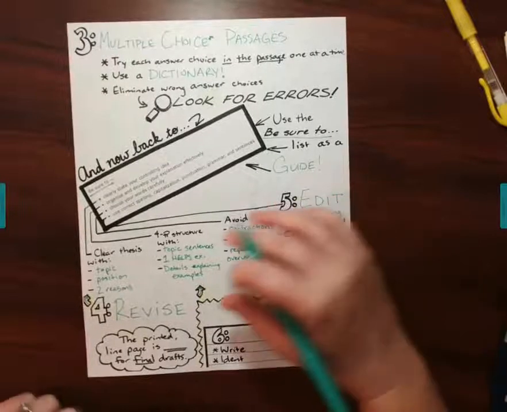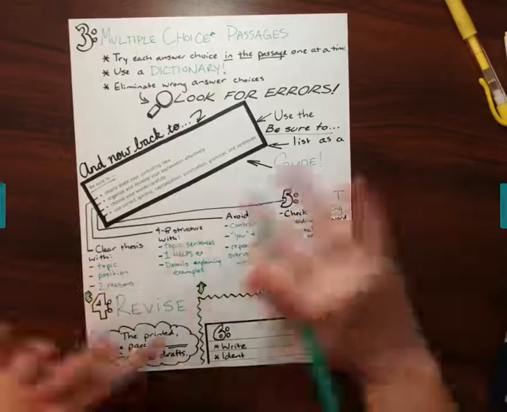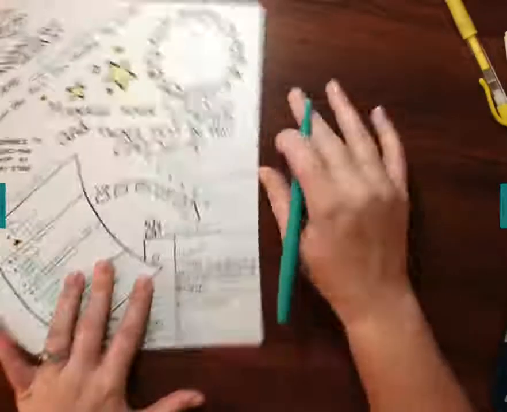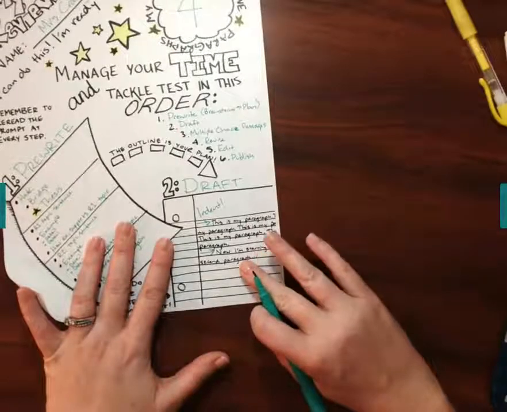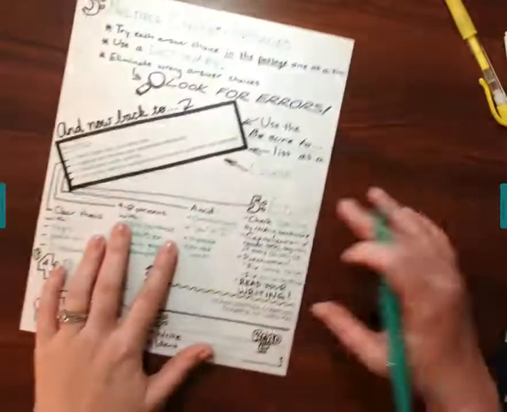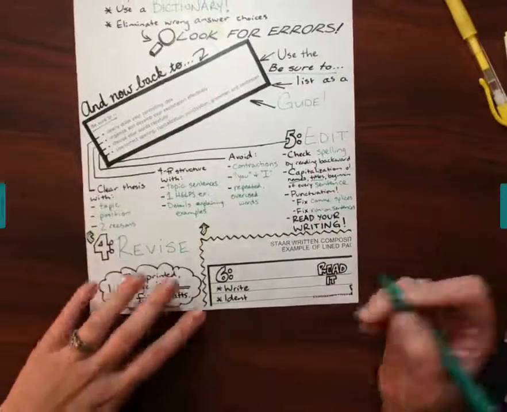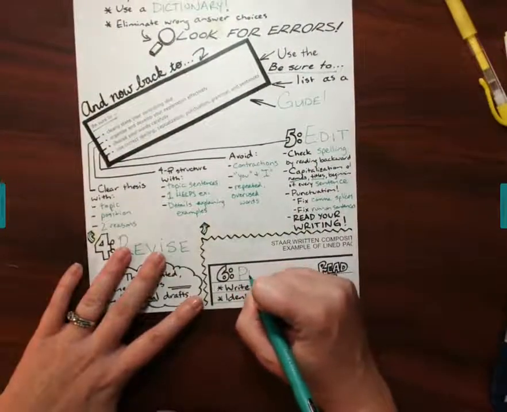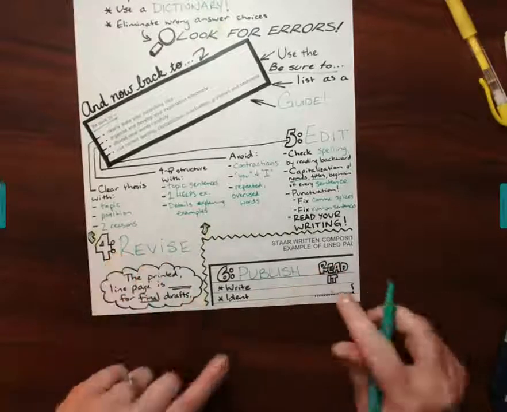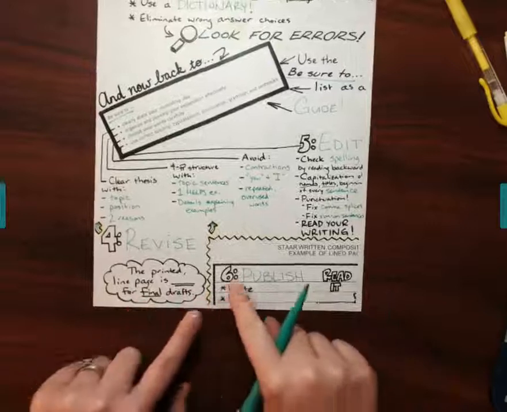After you've edited, so at this point your draft should be all marked up, okay? Because you've revised and edited on your draft that was written on notebook paper or the blank sheets in the test booklet, right? Now you're ready to publish, and that is where you will use the printed lined sheet that they gave you. It's going to look like this.